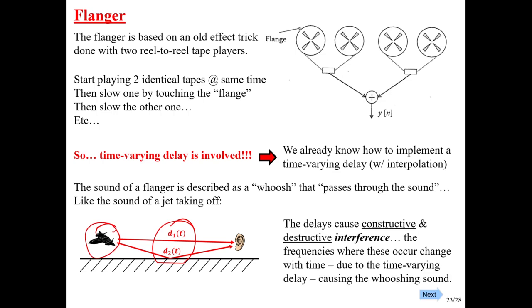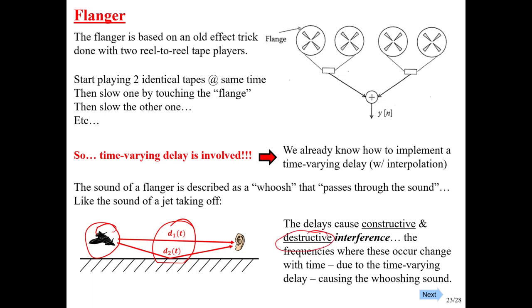So that's the idea. And we know that delay causes constructive and destructive interference. You learned about that in your physics class. You take a sinusoid, you delay a version of that sinusoid, and when those two sinusoids are such that when one goes up, the other one goes down, they will cancel each other out if they're added together. That's destructive interference.